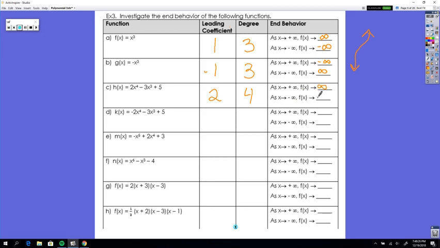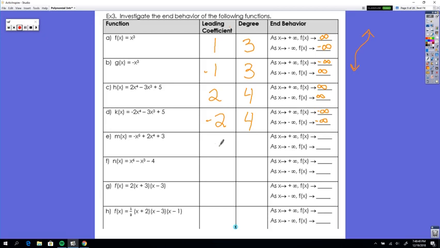And as x approaches negative infinity, f of x approaches positive infinity. For our next one, our leading coefficient is -2, and our degree is 4. And as x approaches positive infinity, f of x approaches negative infinity. As x approaches negative infinity, f of x approaches negative infinity.